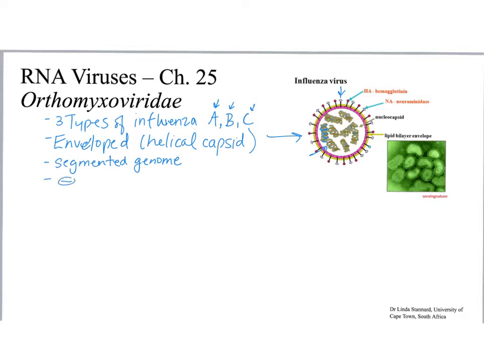It is a negative sense single-stranded RNA genome. So they have to make their own enzyme, some kind of RNA polymerase that copies positive sense single-stranded RNA from the negative, because remember, our ribosomes only recognize that positive sense RNA.